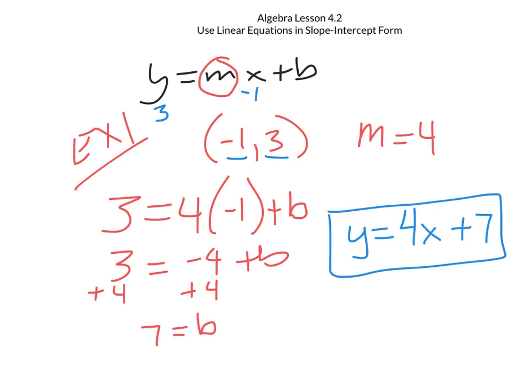Any questions? How'd you get 4? It told me in the instructions the slope is 4. Oh, it's -4. Whoops. So now I got to change everything. This becomes a positive. It just becomes -7? No, because then you're going to subtract.